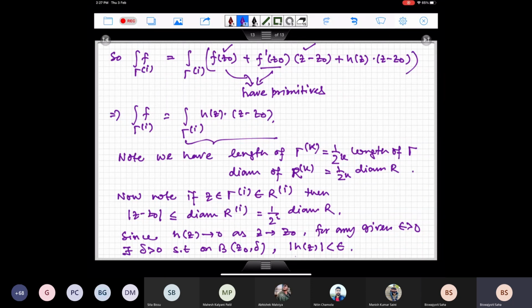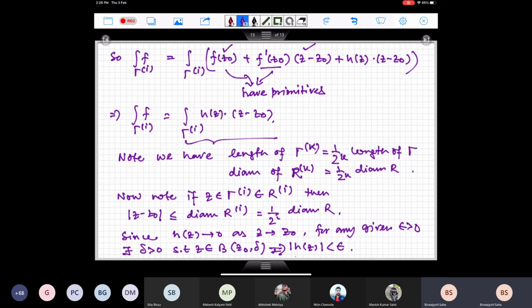So whenever z belongs to this ball, mod of h of z is less than epsilon. So I can choose a delta positive which works in this way.